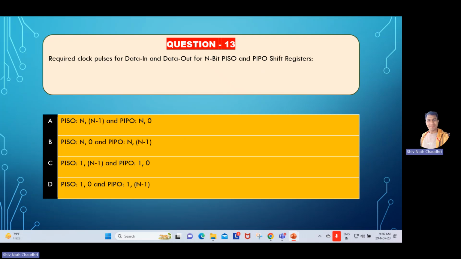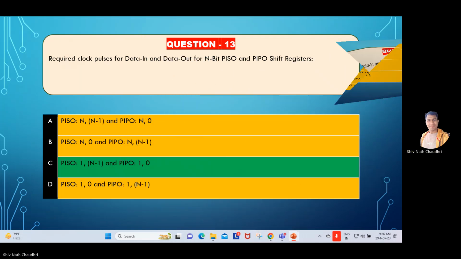It matches option C. Let's cross check for PIPO. Parallel in requires 1 clock pulse, parallel out requires no clock pulse. So it is 1, 0. So option C is right for this question.